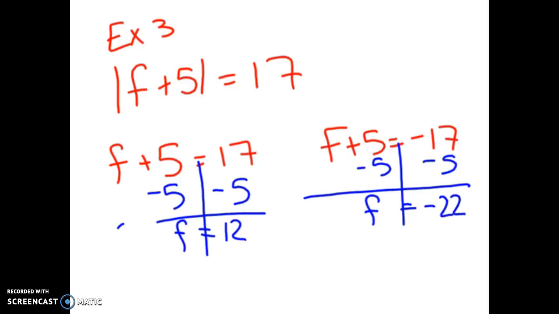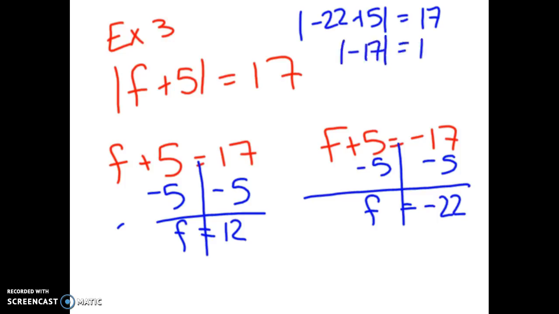Checking your work, putting it in, we have the absolute value of -22 plus 5 is equal to 17, and -22 plus 5 is -17, and the absolute value of -17 is 17. So that works.